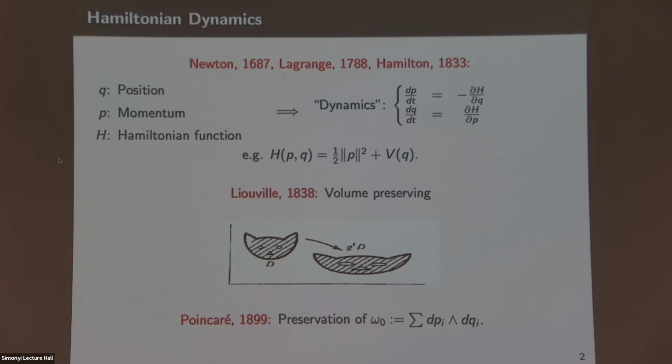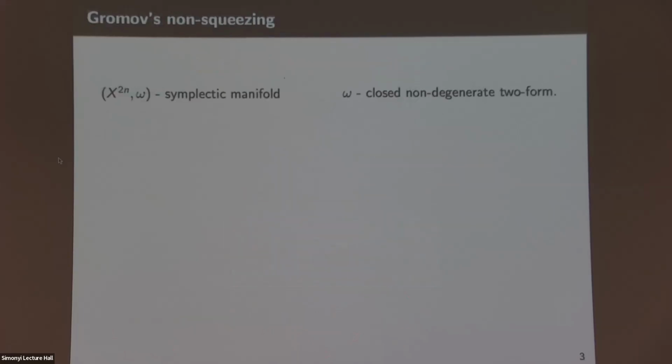The Hamiltonian flows are exactly all the flows which preserve omega. So symplectic geometry is the study of maps which preserve omega naught, and one can extend this story into a general setting, meaning to all even-dimensional manifolds which we equip with some non-degenerate two-form.